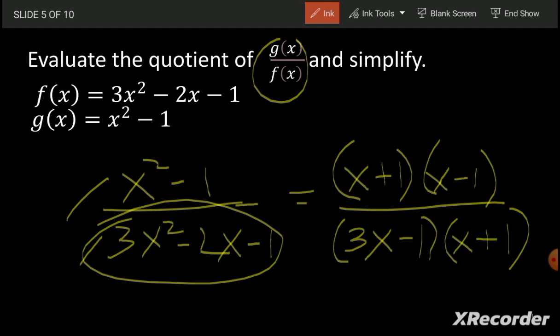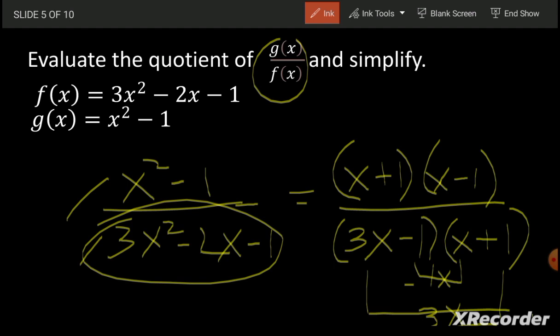So let's check if these really are the factors. If we multiply the outer terms, you have 3x, and if we multiply the inner terms, you have negative 1x, and if we add these two, we have positive 2.